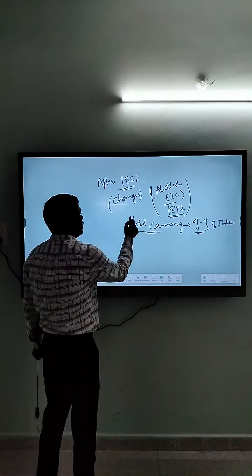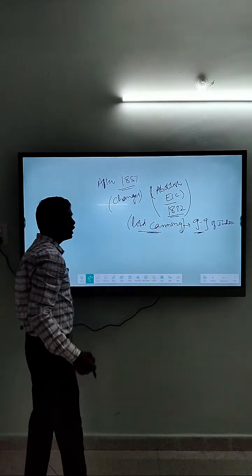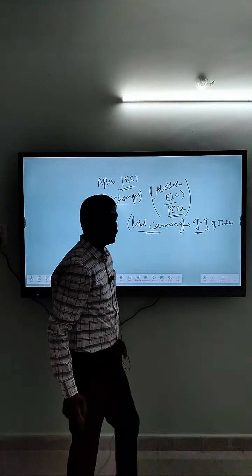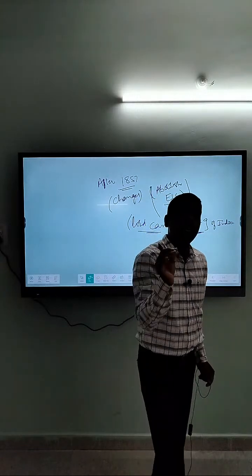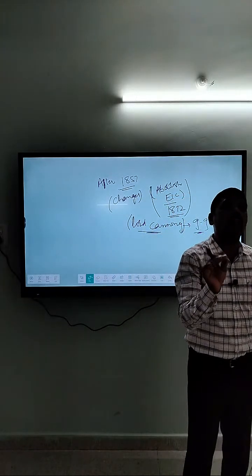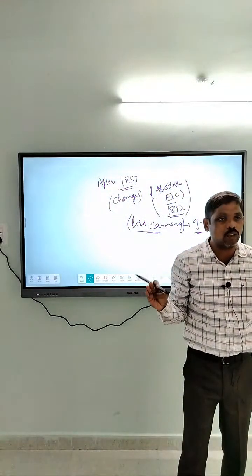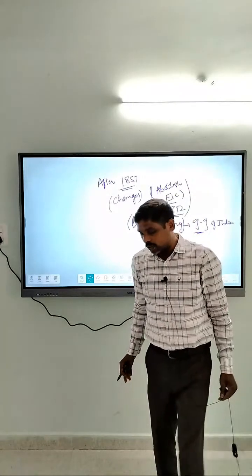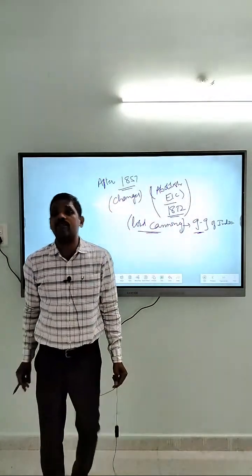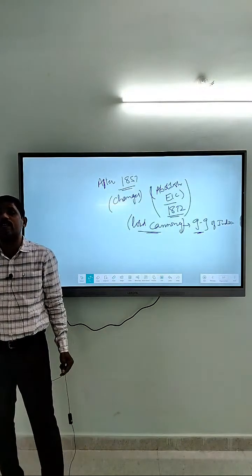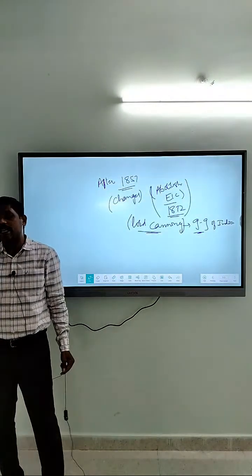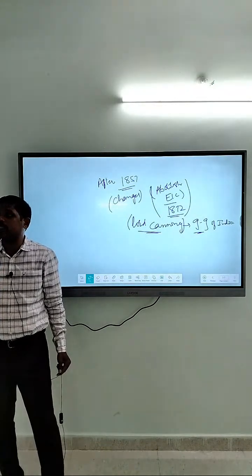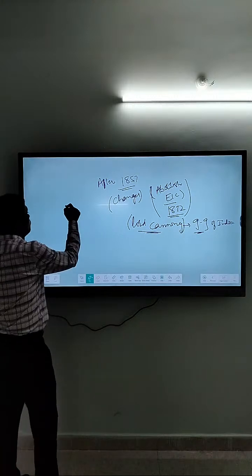Next, coming to the changes: after this revolt, the entire British government got shocked. The Queen and the British government were shocked after seeing this war, because 1857 is regarded as one of the violent revolts. And in this revolt we see larger participation of people, mass participation.